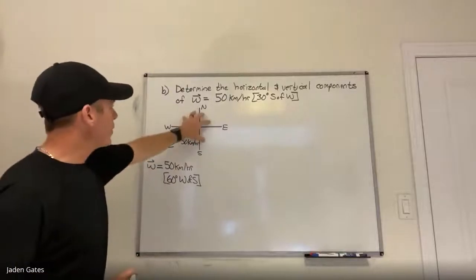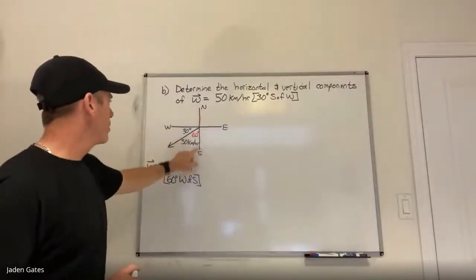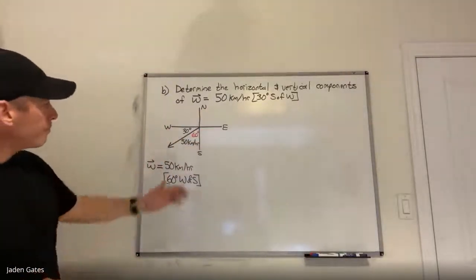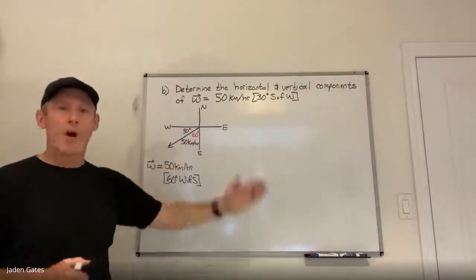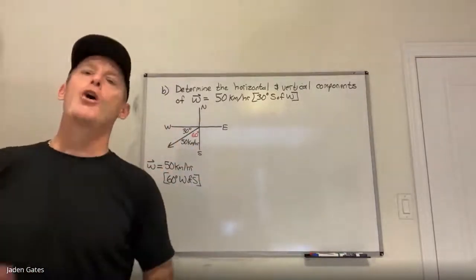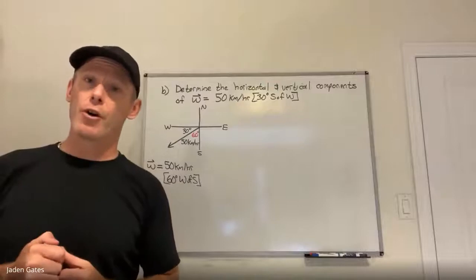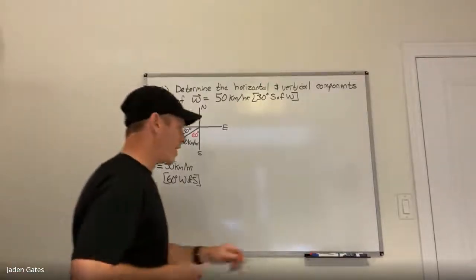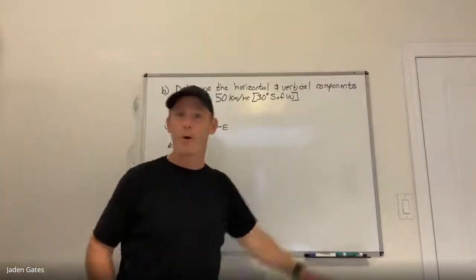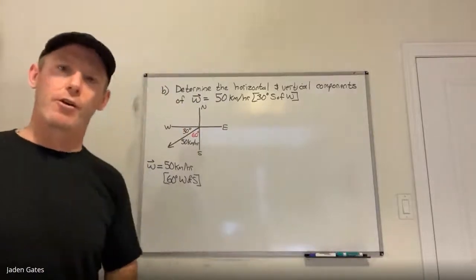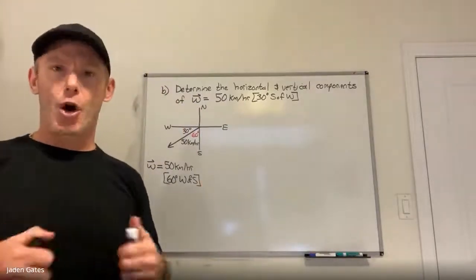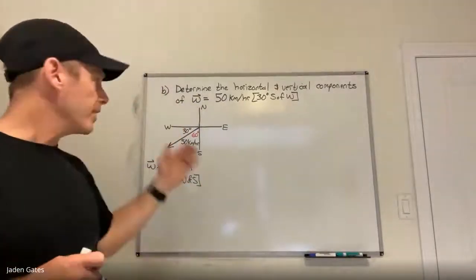And that's the tricky part, you have to label your compass rose correctly. In this case, east and west are considered horizontal, north and south are considered vertical. So we want to look at how much up or down, that's the vertical component, and how much left or right our vector is going in terms of east and west.